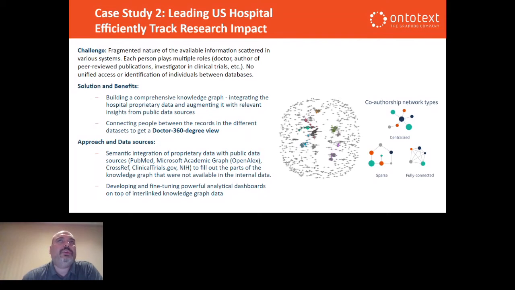Then we augment it with public data sets with publications from PubMed, Microsoft Academic Graph, later on replaced by the OpenAlex dataset, Crossref, clinicaltrials.gov, in order to identify what were the outputs from the research work of these scientists, and also what were the collaboration patterns with other researchers, other research institutes, what are the research topics, and so forth, based on the interest of their management.